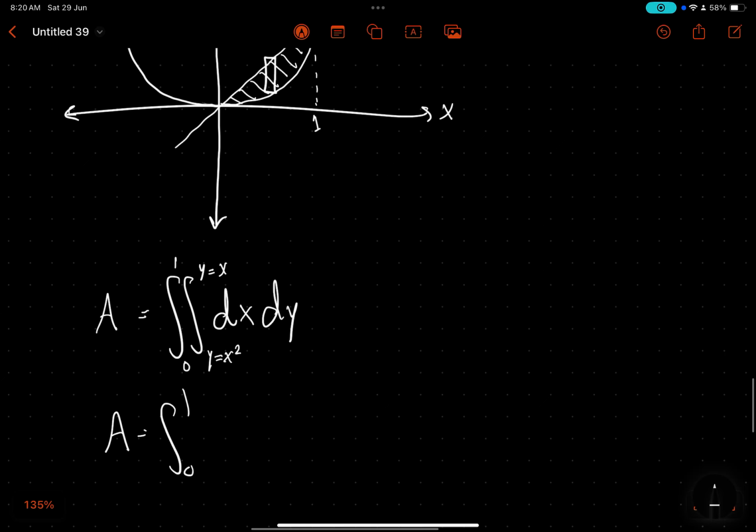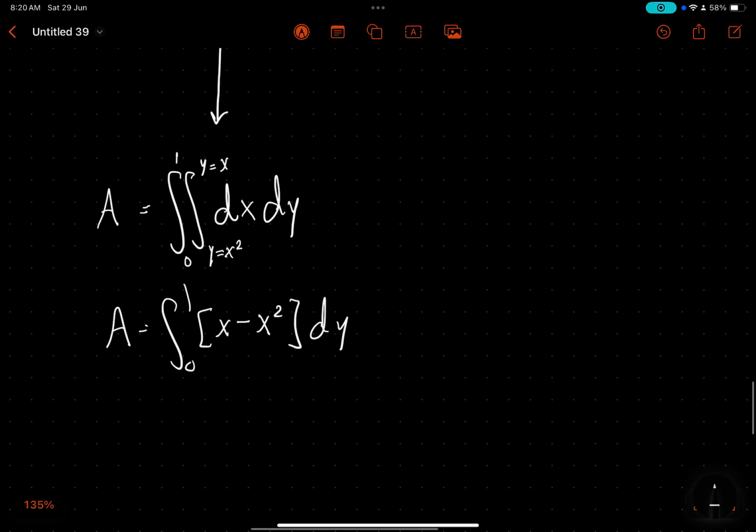And then we just evaluate this integral, basically from 0 to 1. We get x minus x squared evaluated at y equals x. So the value of this is just x, evaluated from x squared to x, so it's gonna give us this, dy.